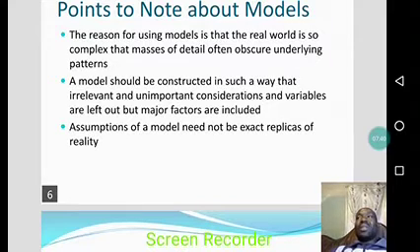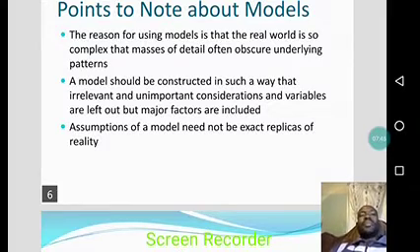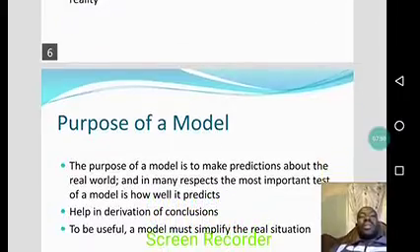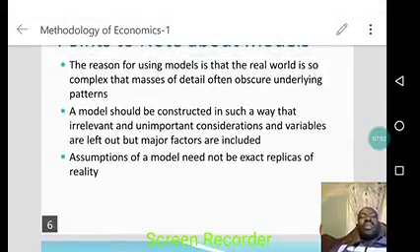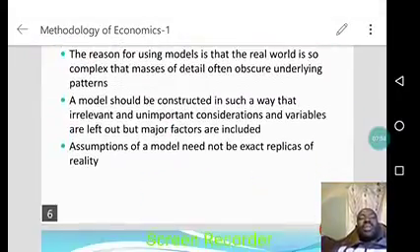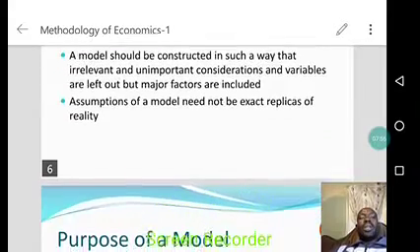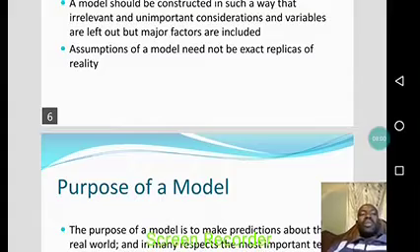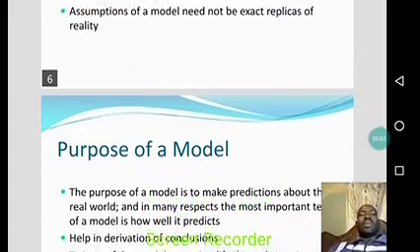So those other factors are regarded as unimportant and are left out. I hope you understand what it means when it comes to coming up with a model, and what are some of the things that you need to include or you need to watch out for even as you are developing one.